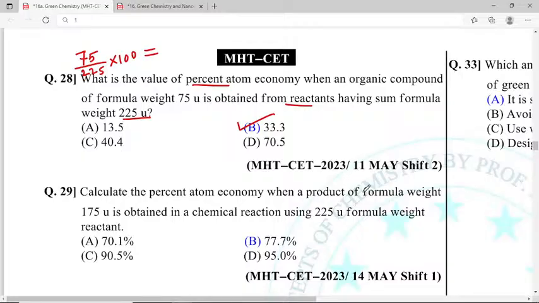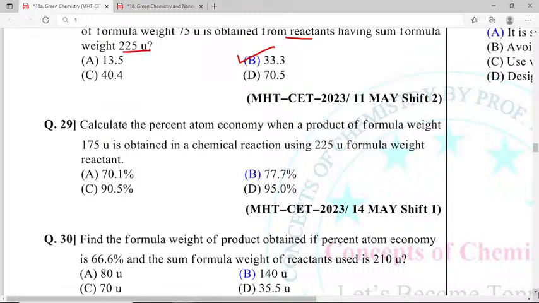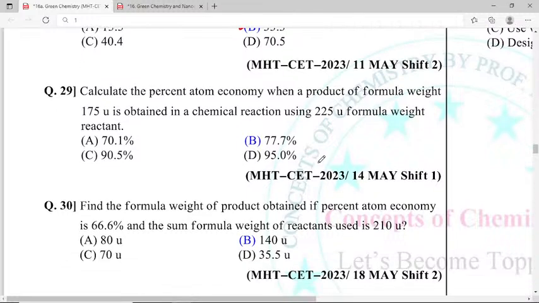Next question. Calculate the percent atom economy when a product of formula weight 175 u is obtained in a chemical reaction using a 225 u formula weight reactant.